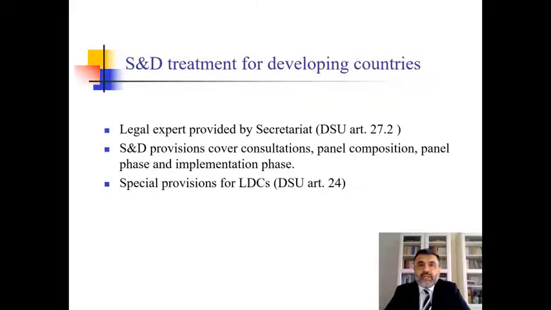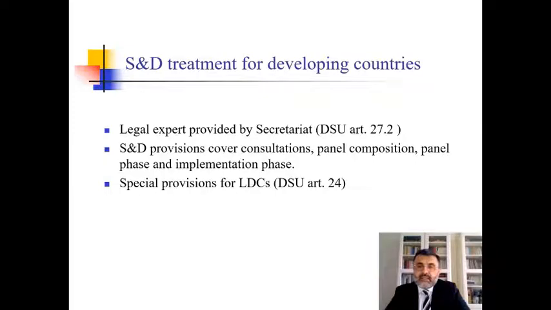The last thing that I would like to mention about the substance is that the DSU also contains certain provisions that provide for special and differential treatment of developing countries. And there is actually one article, Article 24, which deals particularly with the situation of least developed countries. One of these provisions that I would like to mention specifically here is Article 27.2, which basically says that the WTO Secretariat has to maintain experts in the Secretariat whom developing country members of the WTO may consult about DSU-related issues.